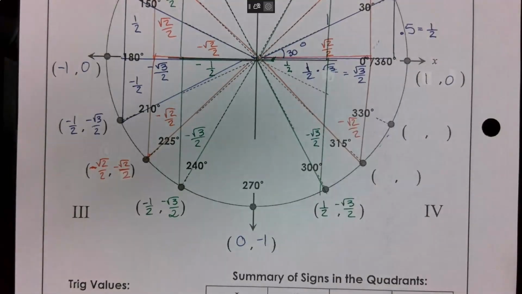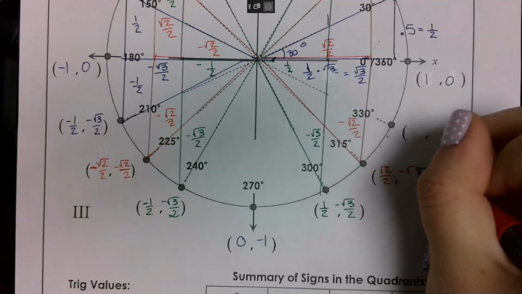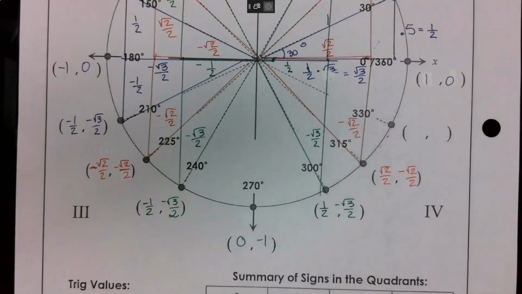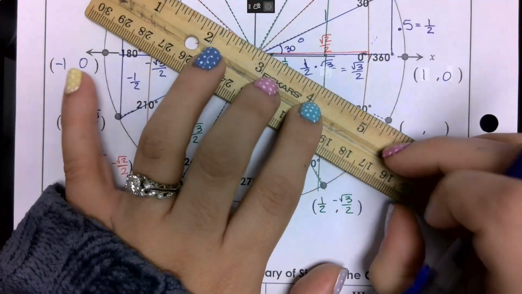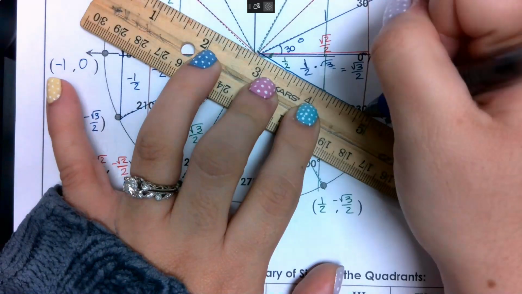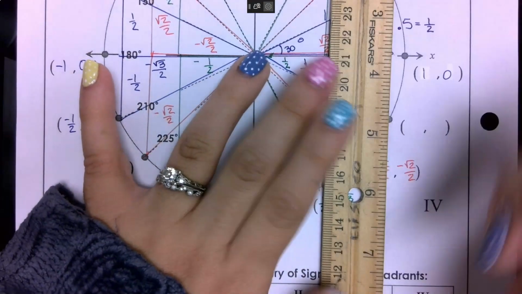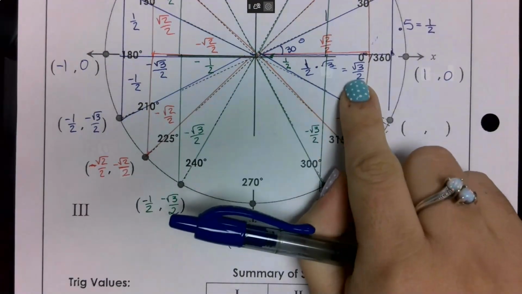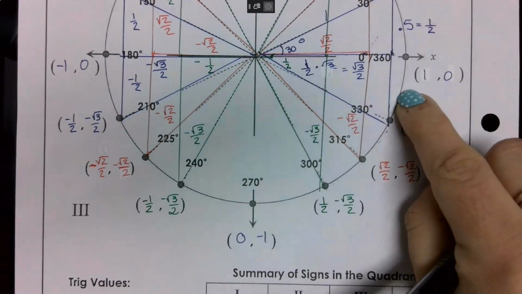So my coordinate point is, and then I have my last triangle, 330. So I have my distance on the x-axis already measured. What is my vertical distance?